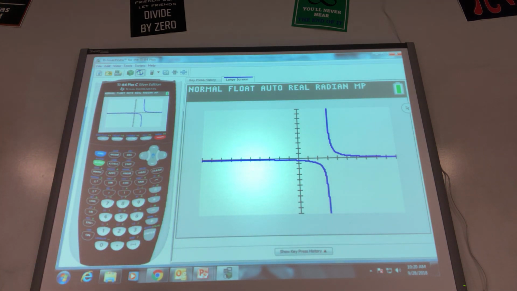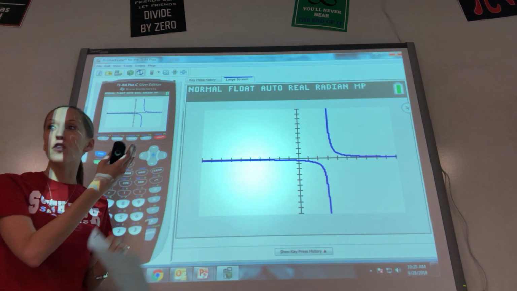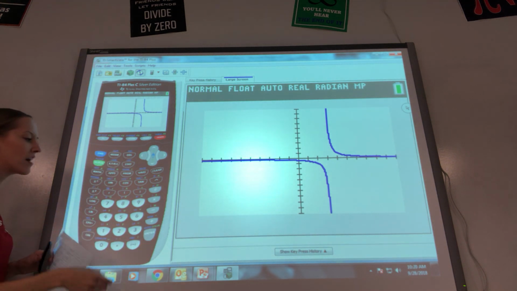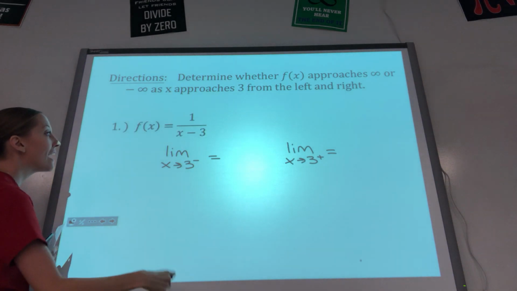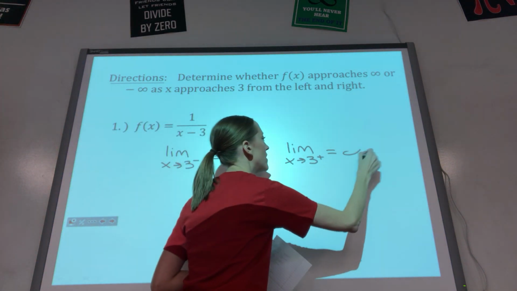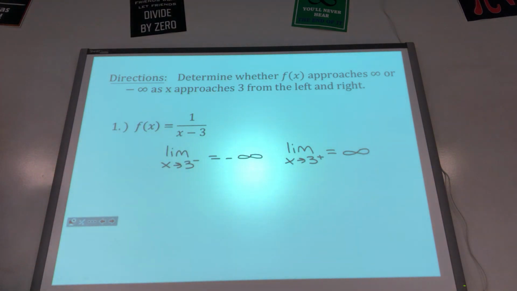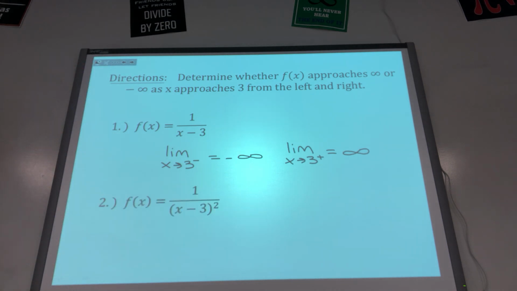You don't have to do this on this problem, but if it asked for the limit as x approaches 3 overall, this would be another one where it would not exist because those two one-sided limits did not agree. That was negative infinity and that was positive. These are pretty easy to understand once you see them. You kind of know what you're looking for.